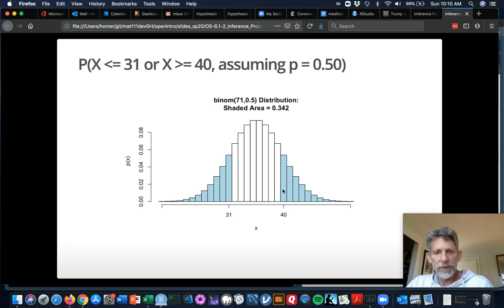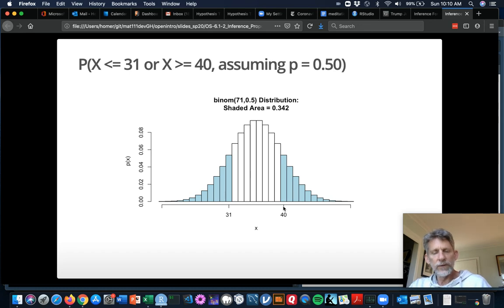So what happens is the 40 was the test statistic, and we look at all of the possible values for the binomial random variable 40 or higher, but also all of them that are 31 or less. Basically, that's all the rectangles on the other side that have a height less than or equal to this 40 rectangle height here.